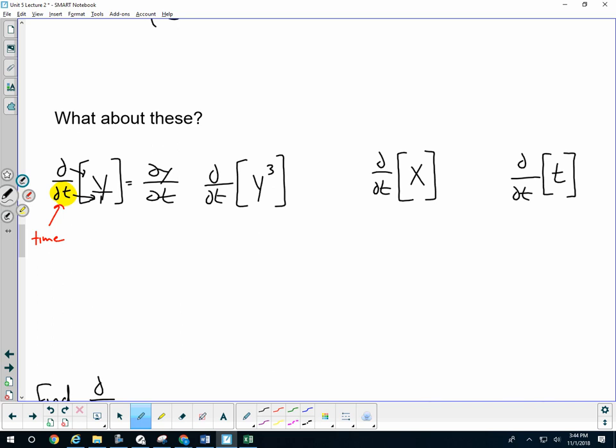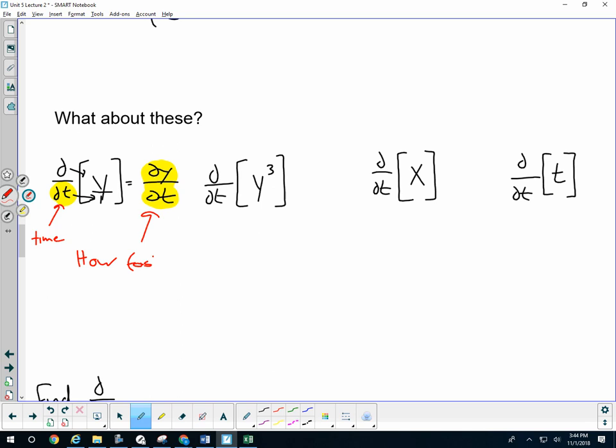This no longer is tangent slope. This is change in y over change in time, or how much are my y's changing at a specific moment in time. No longer tangent slope.